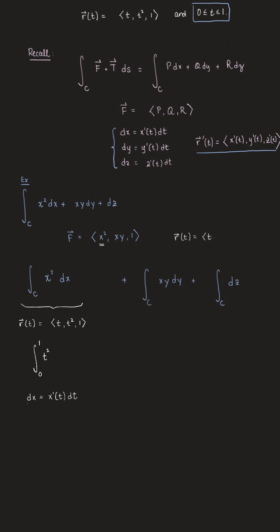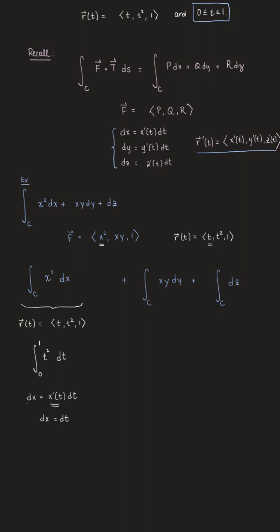This x prime of t is the derivative of our first component with respect to t. That's going to give us our differential. So x prime of t is just 1, so dx equals dt. And this first integral is just the integral from 0 to 1 of t squared dt. Okay, that's the first one. We'll add them all together in a little bit.